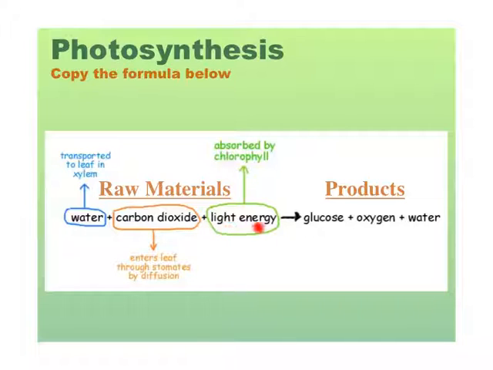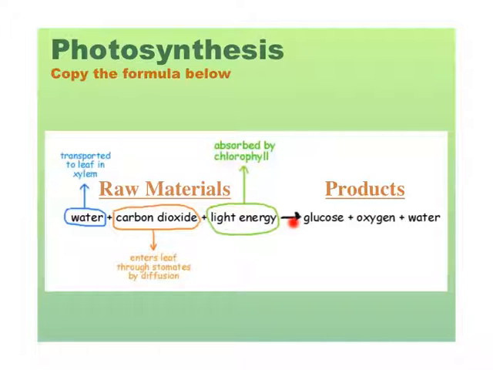The light energy from the sun or radiation is absorbed by the chlorophyll that's in the chloroplast. These are your raw materials or reactants because they react together to produce glucose, oxygen, and water. So these are our products.